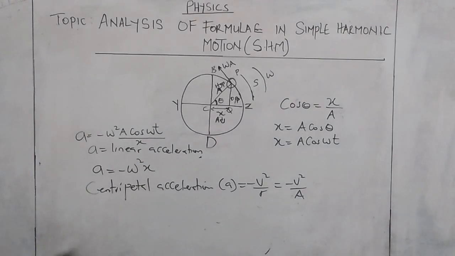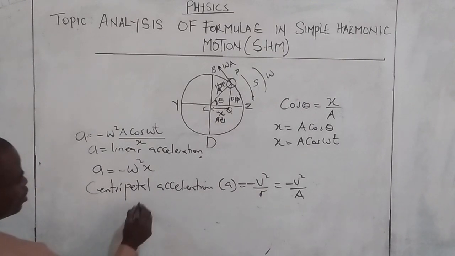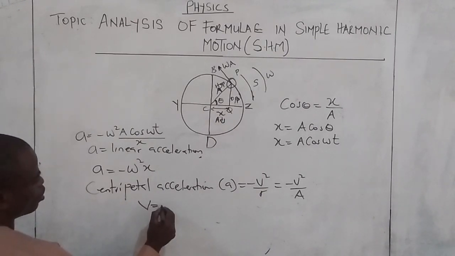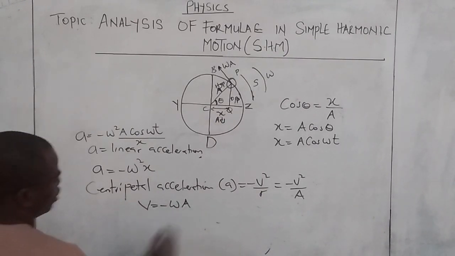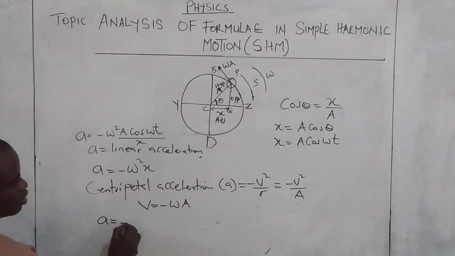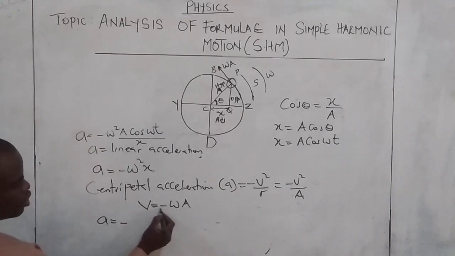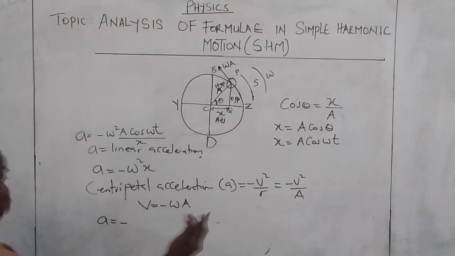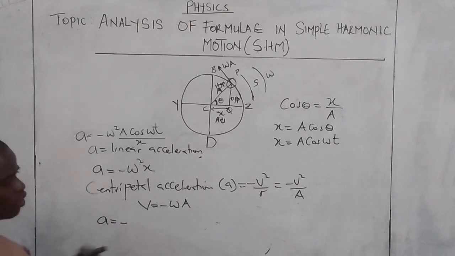Now, since we have our v equal to minus wA, we can make some replacements: a equals minus this v. The negative just shows that it's directed toward the center of the circle of the vibration.